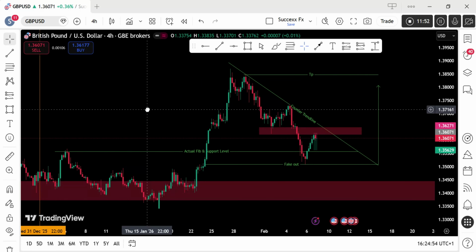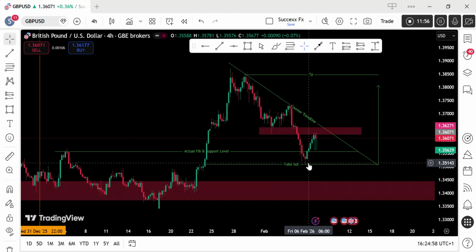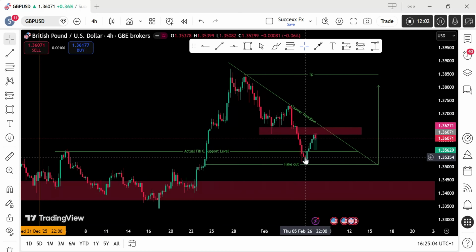So, like I was explaining on the daily time frame, you can see that the same candle that we saw on the daily that had a rejection around this area is not showing as a rejection here.